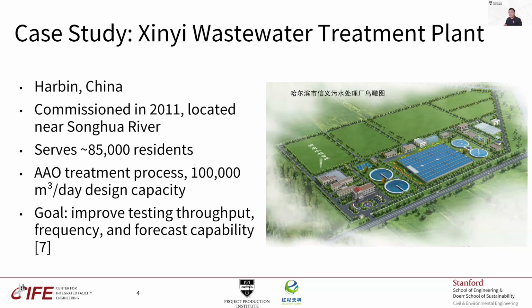It utilizes an AAO treatment process with 100,000 cubic meter per day design capacity to treat wastewater. The goal from the management team of the plant was to improve the testing throughput and increase the testing frequency of the effluent pollutant level to ensure the effectiveness of the treatment under high operation load.